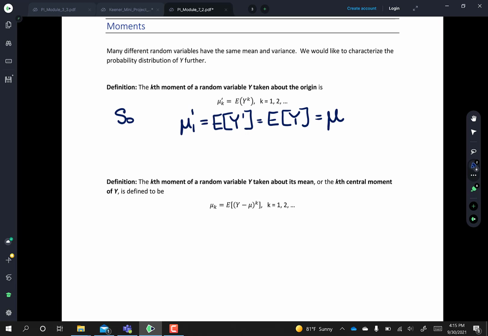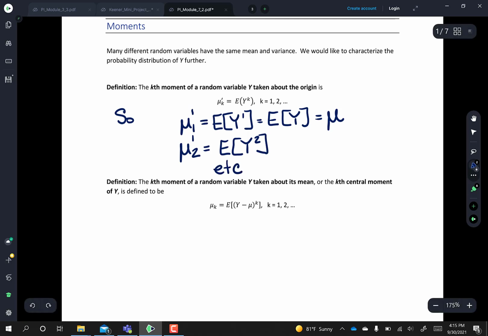That usual expected value that we've worked with is what we have here. If we look at the second moment about the origin, this is equal to the expected value of y squared. And we could keep on going. The one you're most familiar with is that first one.